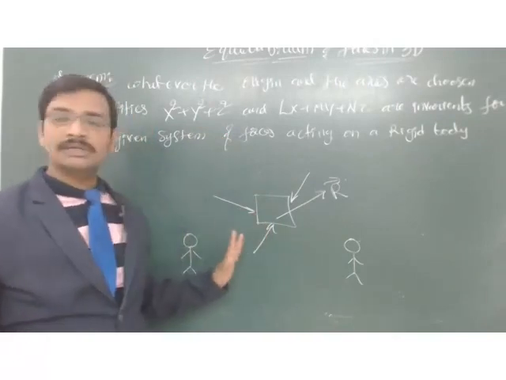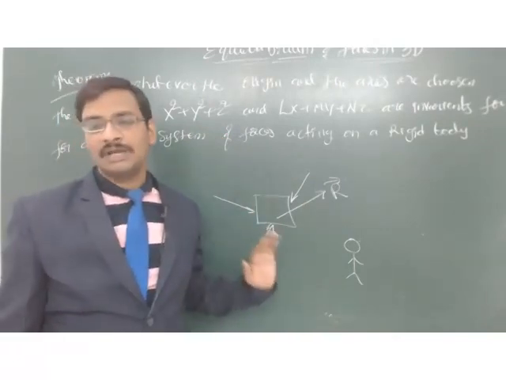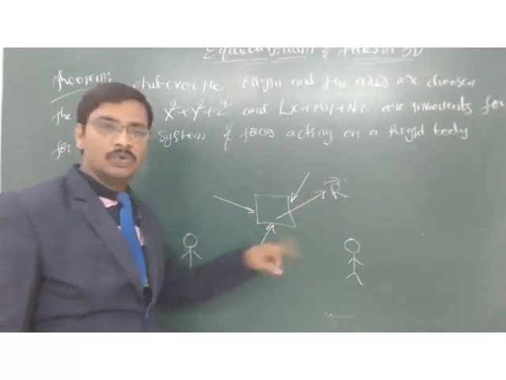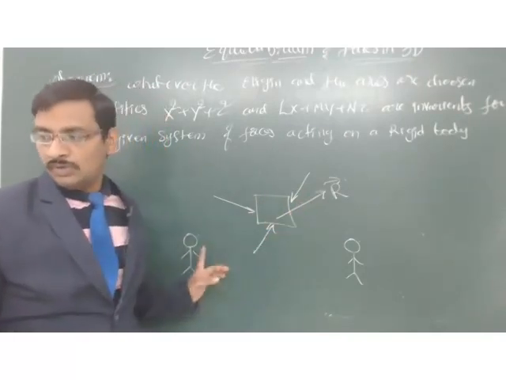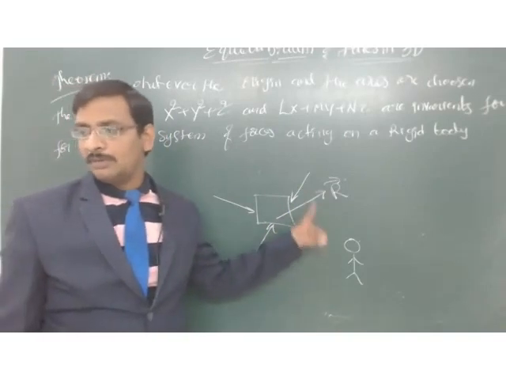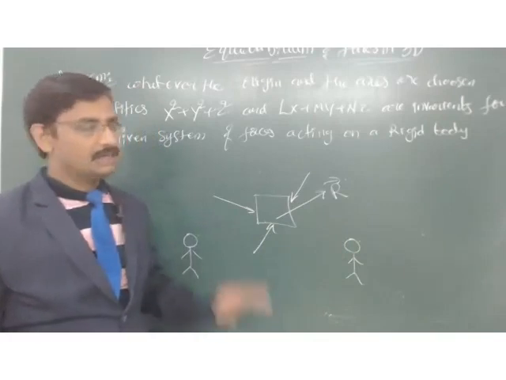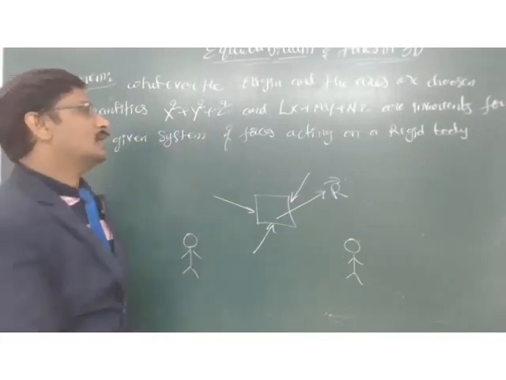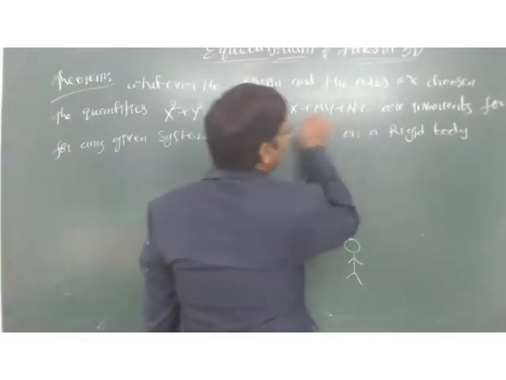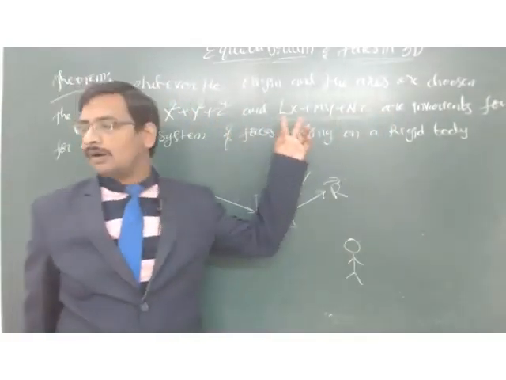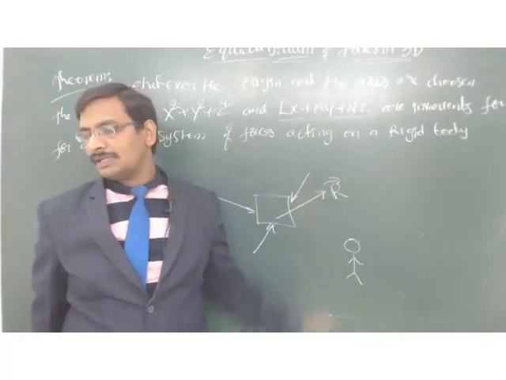That's the first statement. Irrespective of the origin and the coordinate axis directions you select, this magnitude won't change, but the way you interpret it is different. There is one more quantity, Lx plus My plus Nz, which is the dot product of the moment and the resultant force.